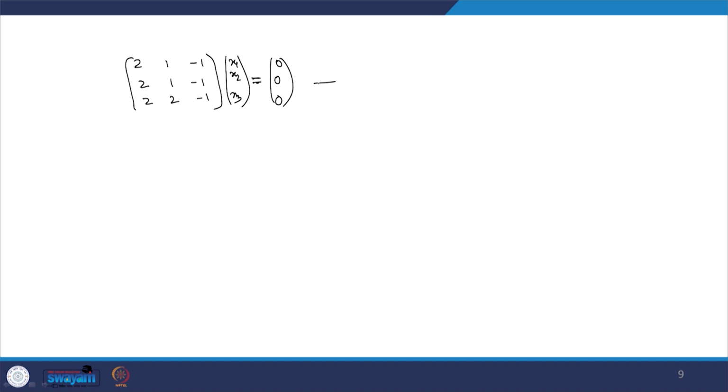Certainly the determinant of this A minus I is equal to 0. I mean the rank of this matrix will be certainly less than 3. We can immediately see that 2 rows are same, and you can quickly check that the rank is equal to 2.